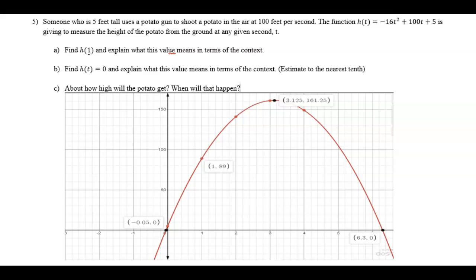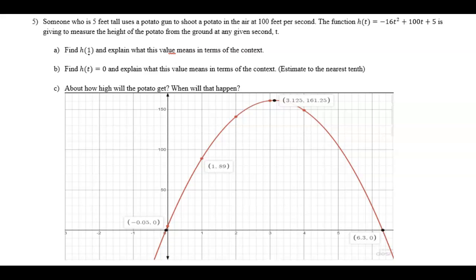Now, before I did the video, I went on Desmos and typed in this function. They already tell us the function that models the situation. So I graphed the function, and I got this graph right here, and I also found all the points that we need to talk about.